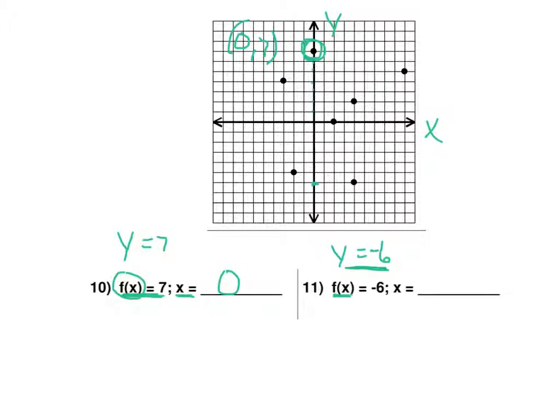So if we go down here and go over, this is the point. So this point we said was 1, 2, 3, 4, negative 6. So where y is negative 6, x would be equal to 4. I know function notation can be confusing. We do have one more problem.